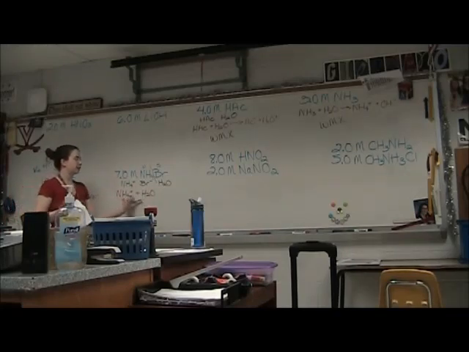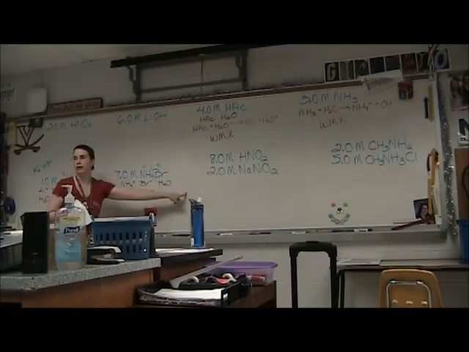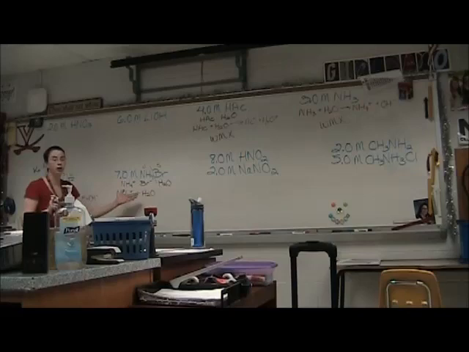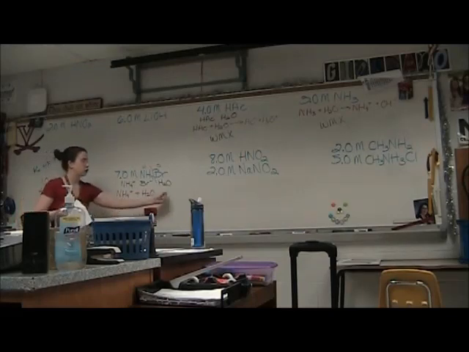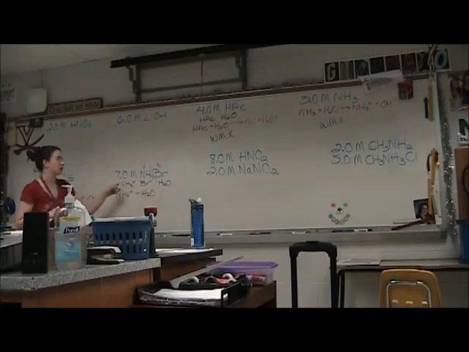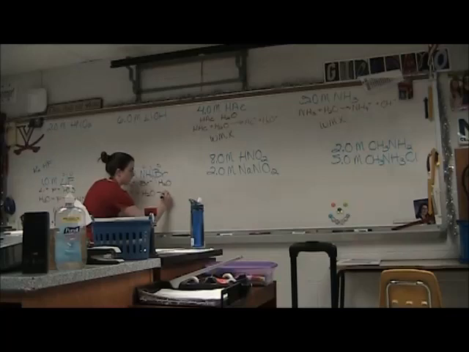That means your product is ammonium bromide. Why isn't that going to form? It's a salt, and what do salts do in water? They split. They don't stay together. It's a similar concept to that forming something strong. If you put Br minus in that position, your product would be ammonium bromide, and that's not going to happen because we just split it up. We're not going to put it back together. Okay?